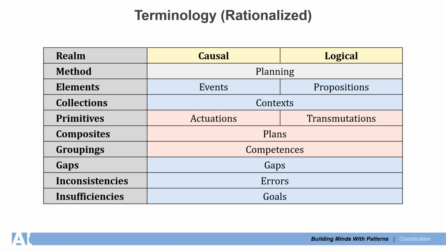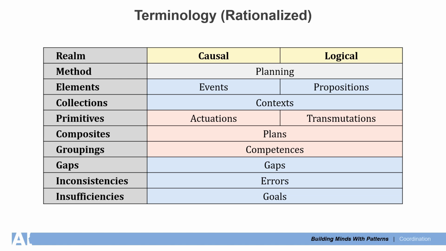So now, in a rationalized terminology, for both the causal and logical realms, the method is essentially planning. The elements are events and propositions. The collections are called contexts. The primitives are actuations and transmutations. The composites are plans. The groupings are now called competences.